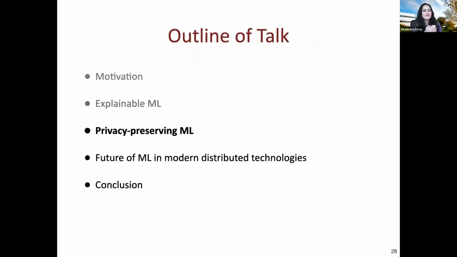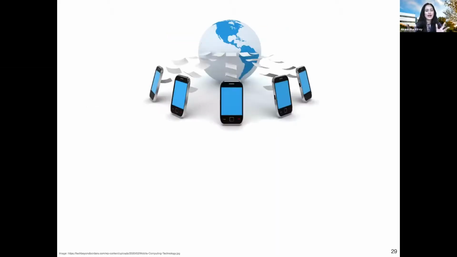We'll talk about privacy preserving machine learning next. So going back, we looked at a little bit of, you could say, IoT with autonomous vehicles. Now let's look at mobile computing. Mobile devices are very popular. I read somewhere, I don't know if this is true, but 97% of the world's population employs them in some ways, mobile phones.